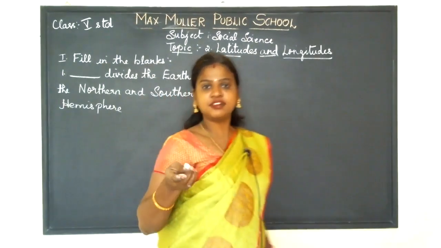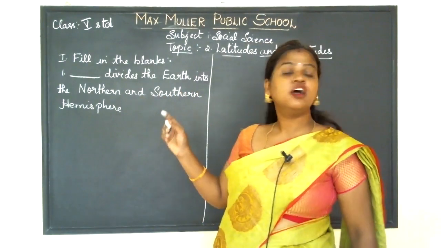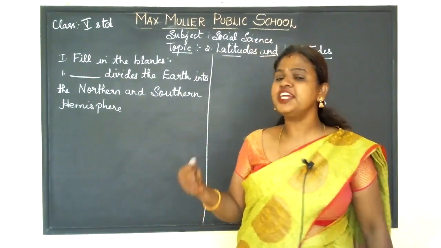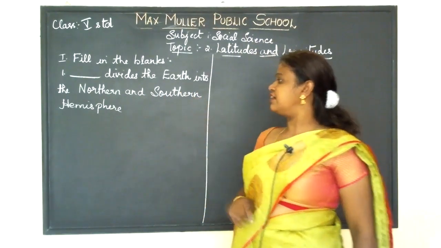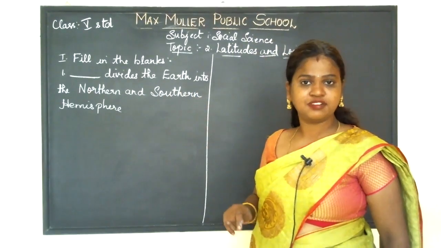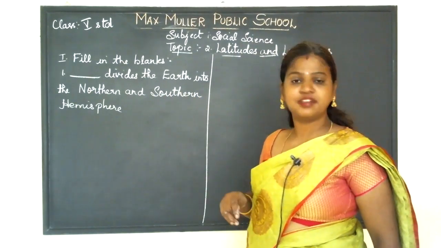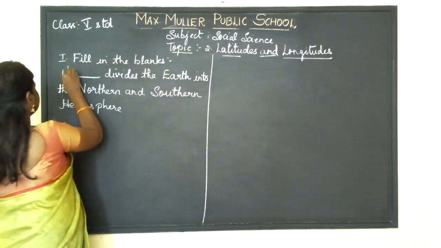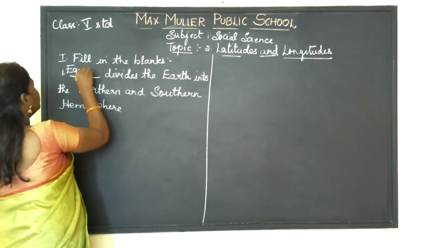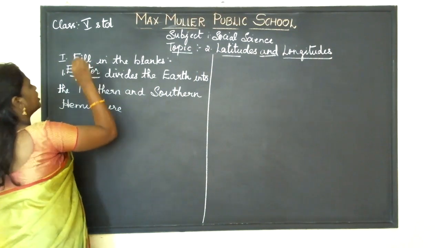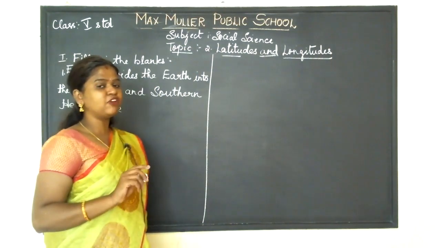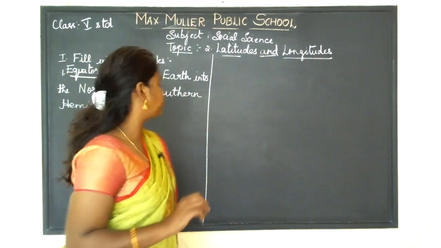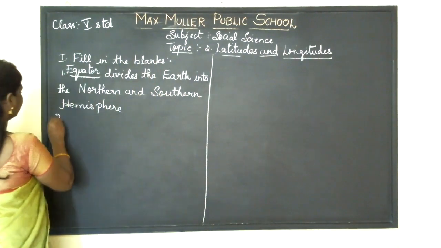Dash divides the earth into the northern and southern hemisphere. Which imaginary line divides the earth into the northern hemisphere and southern hemisphere? It's equator. What is the spelling of equator? EQUATOR, equator.